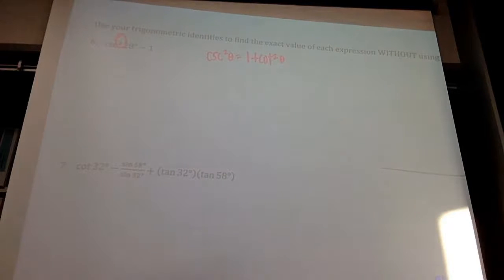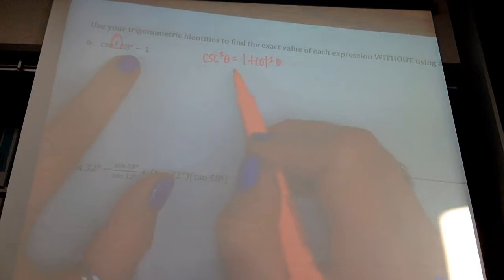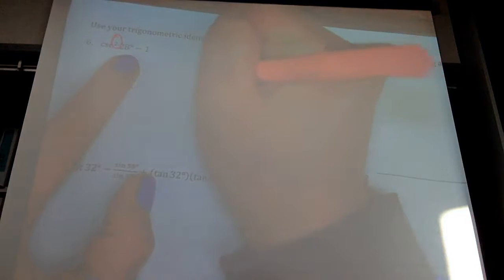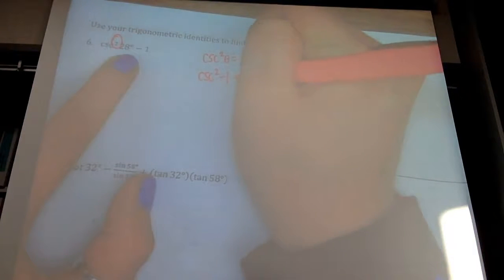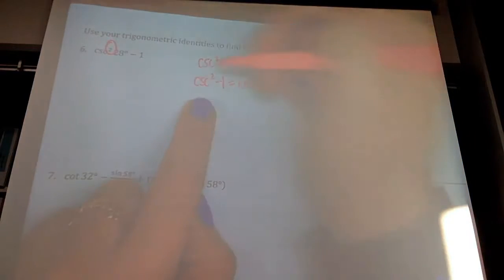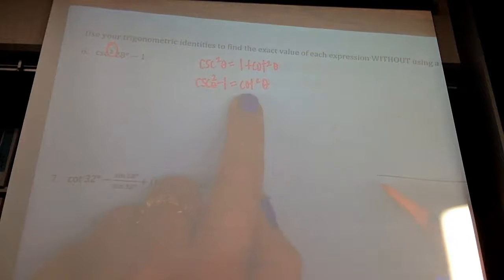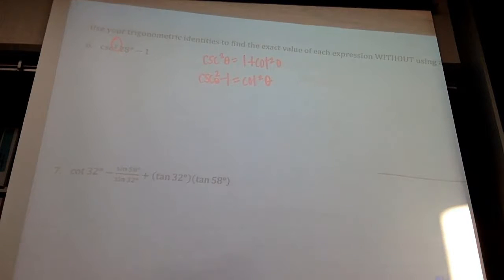And so what I would do from there is I would look here and see, okay, can I rearrange it. So I have cosecant squared theta minus 1. And I can, because I can subtract 1 from right here and move it over here. And so cosecant, oh, I forgot the theta, sorry. So cosecant squared theta minus 1 equals cotangent squared theta. So I just rearranged it.